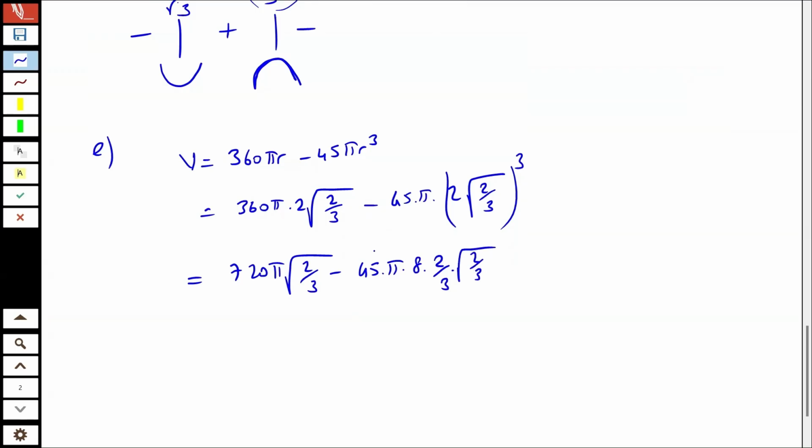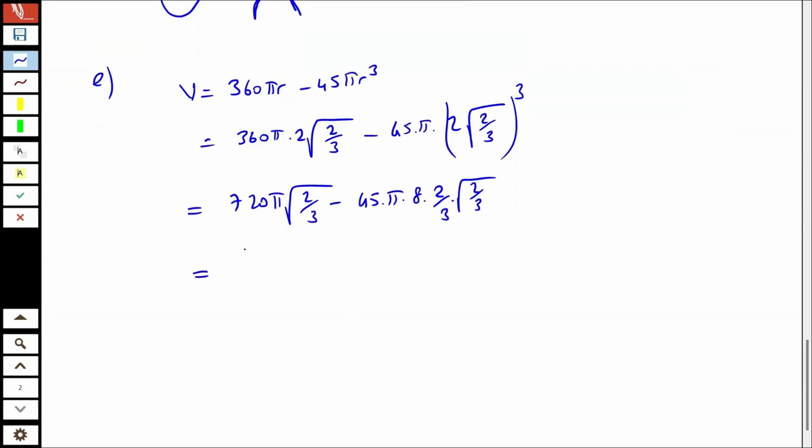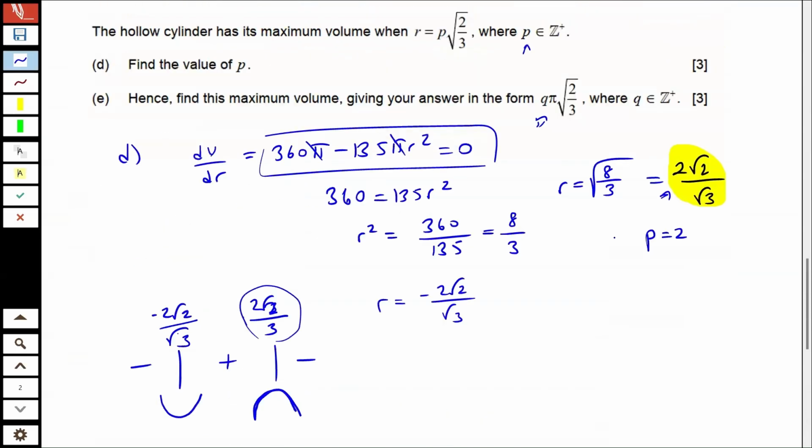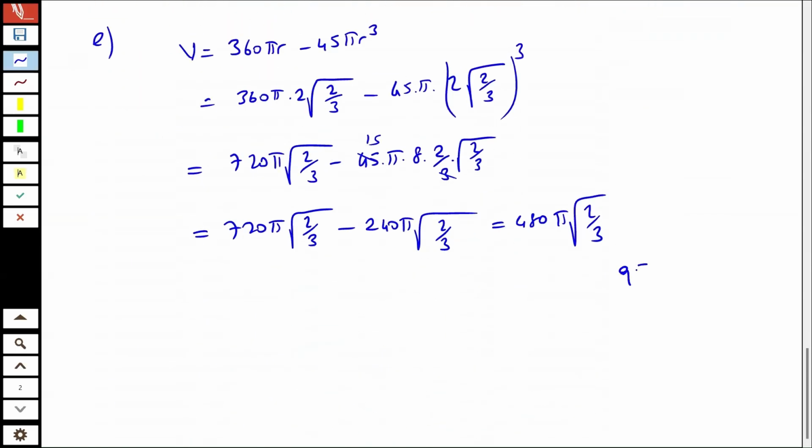You find the third power of this expression, the number. From here, you can find 720 pi square root of 2 over 3 minus 240 pi square root of 2 over 3, which is 480 pi square root of 2 over 3. And so q is 480.